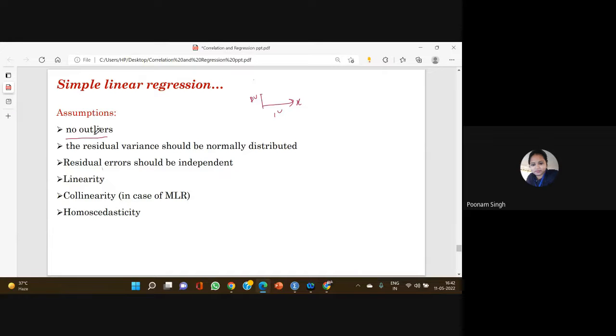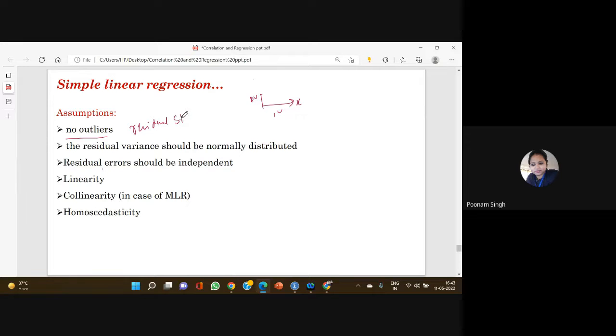So you will have to identify outliers in SPSS and deal with them. Either you remove them, or you delete that observation. For that you need to check the residuals. I will tell you in SPSS also.